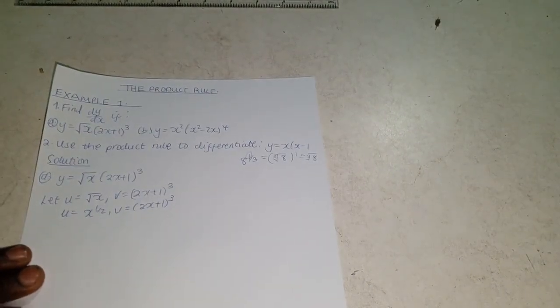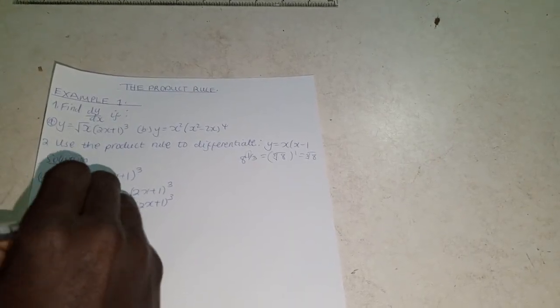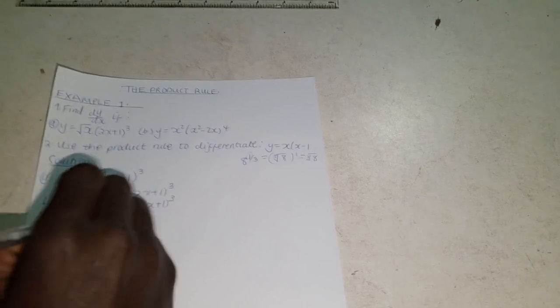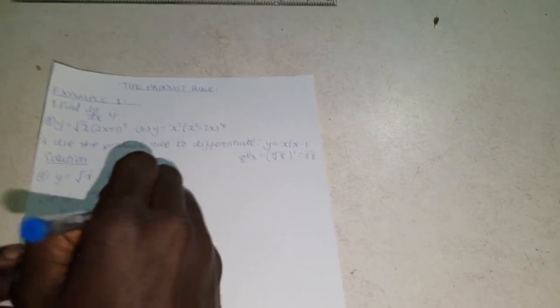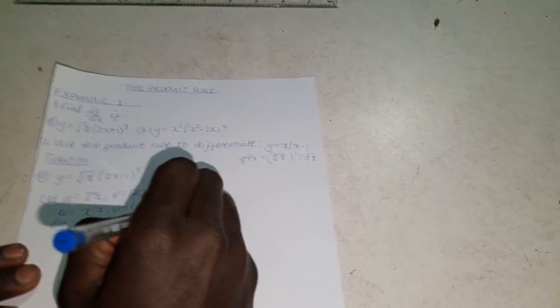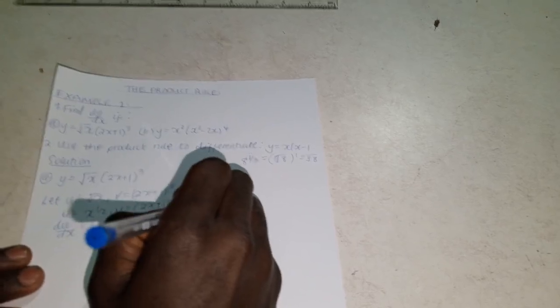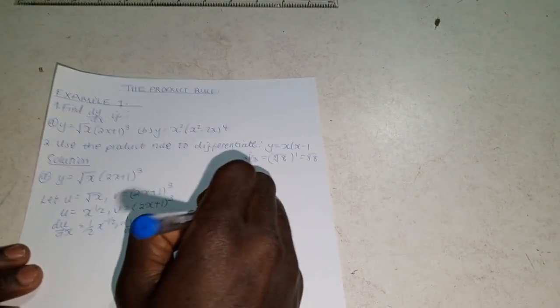Okay, so to continue, we differentiate these two separately. We are going to have du/dx is equal to 1/2 x raised to the power negative half, and then dv/dx is equal to 3 multiplied by (2x + 1) raised to the power 2. Then the derivative of the core is a positive 2.